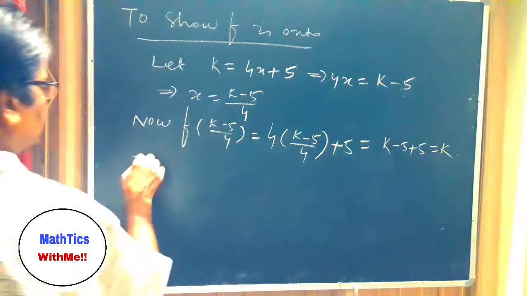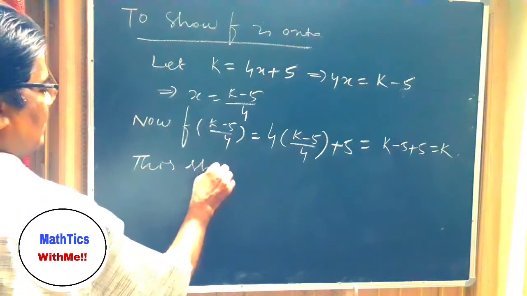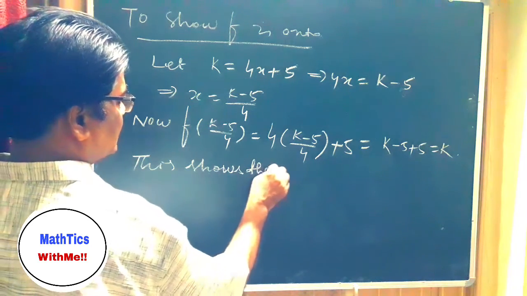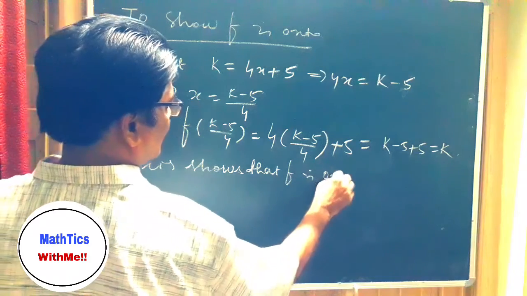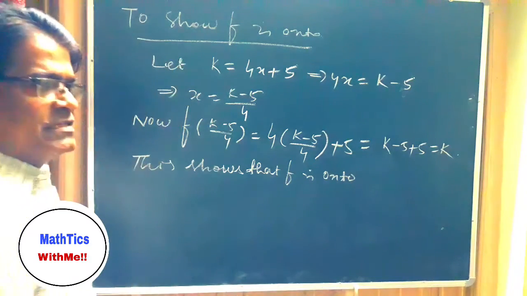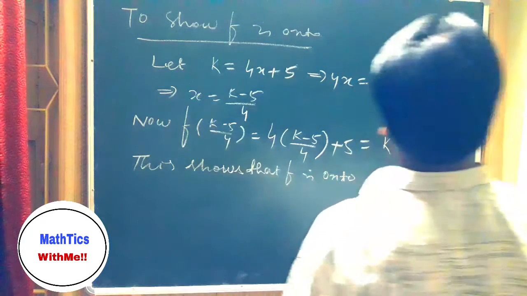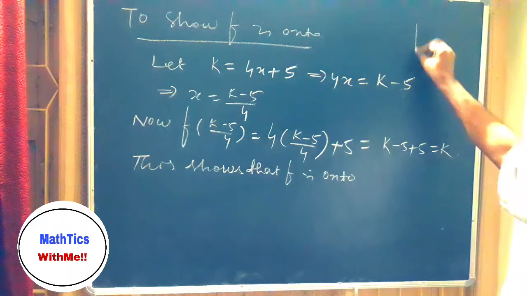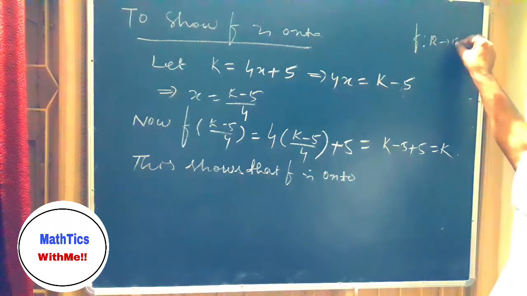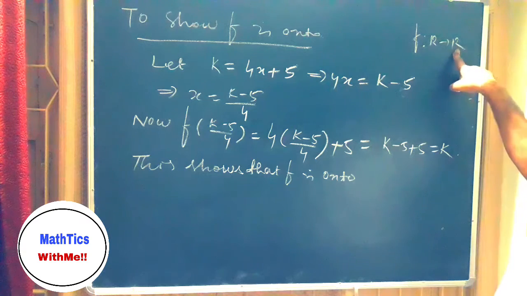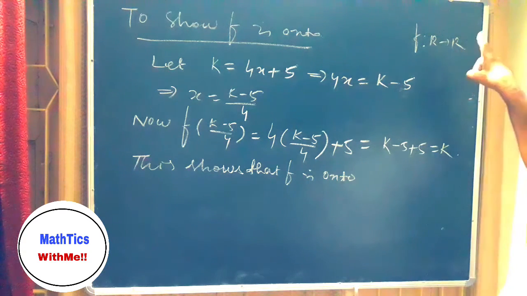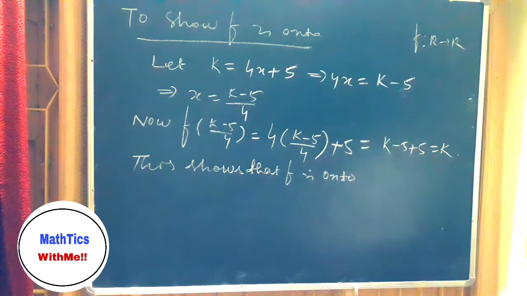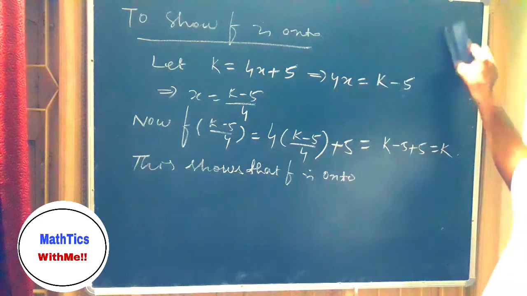This shows that f is onto. It means for each and every element of the second set R, that means here f is a function from R to R, so for each and every element of the range set R we have a pre-image in the first R under the function f.